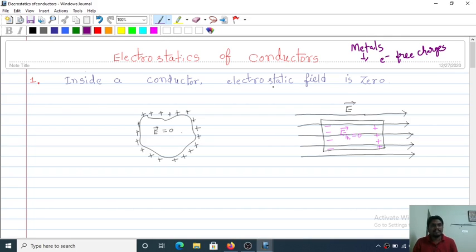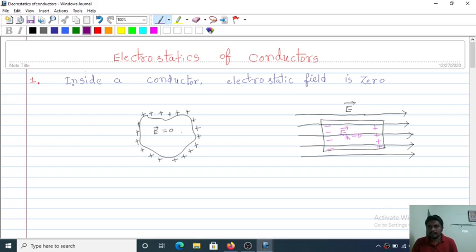These are mobile charge carriers. In the absence of any electric field they cannot move, but in the presence of an electric field they can drift in one direction. In this class we will discuss the electrostatics of these conductors.